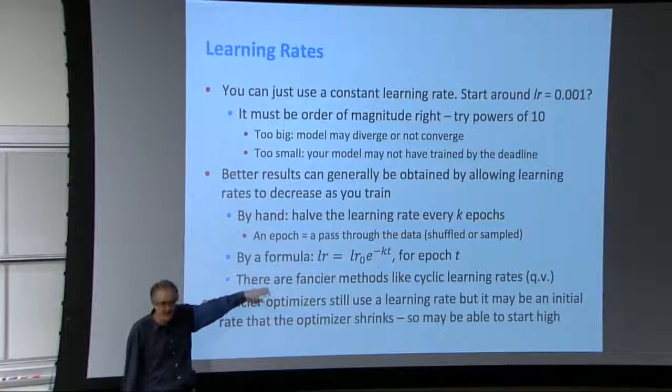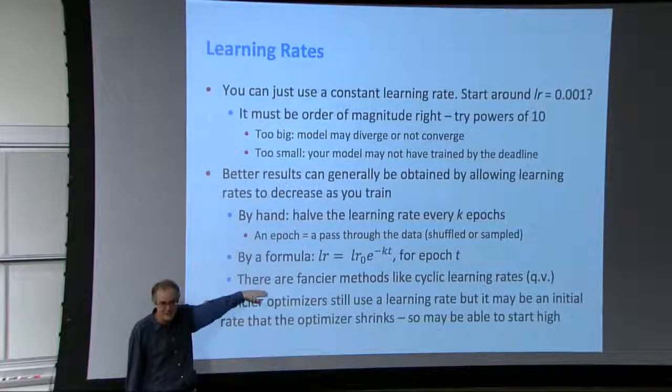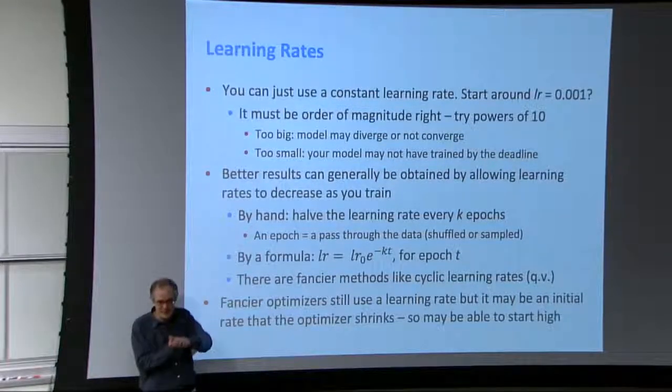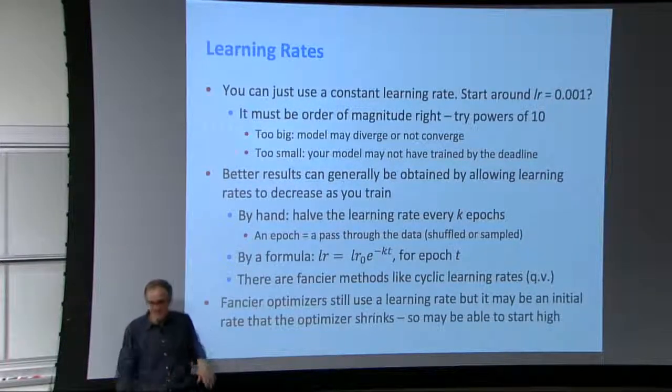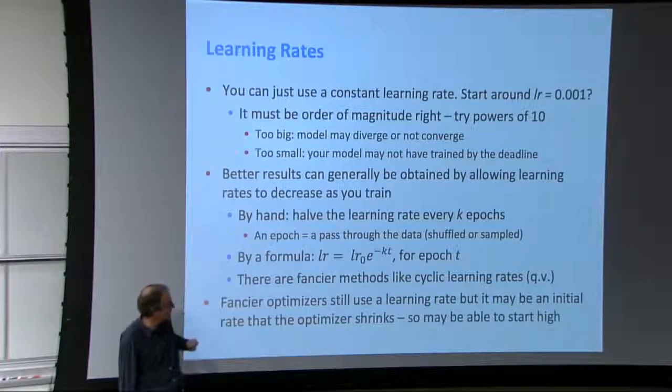You can look up cyclic learning rates online if you want, which actually makes the learning rate sometimes bigger and then sometimes smaller. And people have found that that can be useful for getting you out of bad regions in interesting ways.